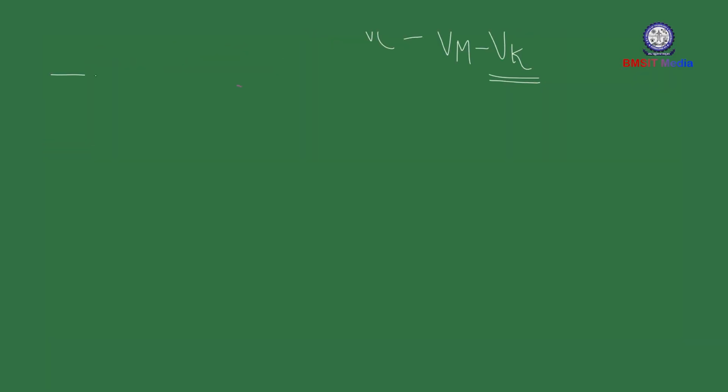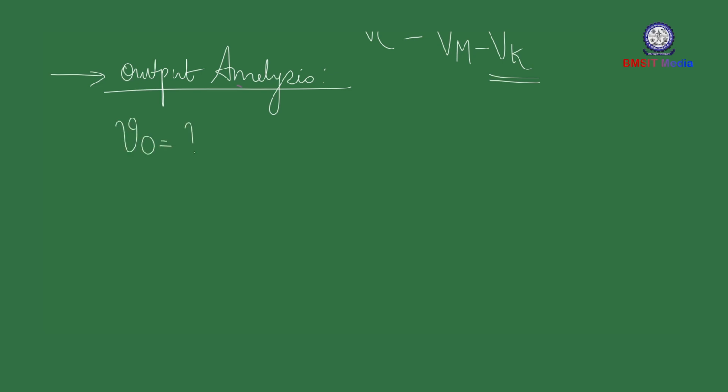Okay. And similarly, during the output analysis, this equation you will end up in getting, right? V0 is equal to Vi plus Vc, right? So in case of practical diode, it is nothing but Vi plus Vc. And what is Vc?